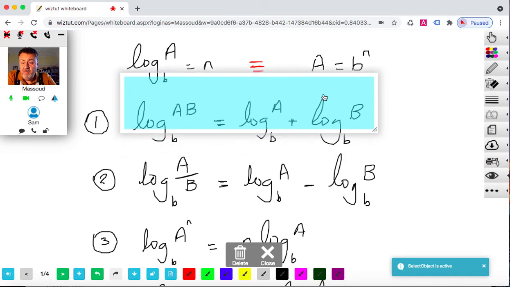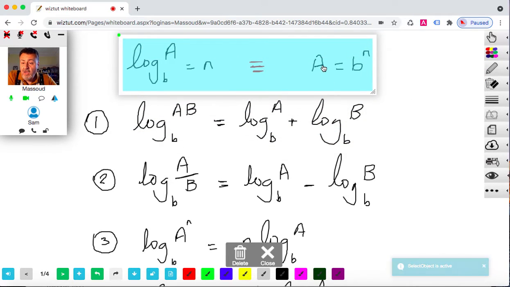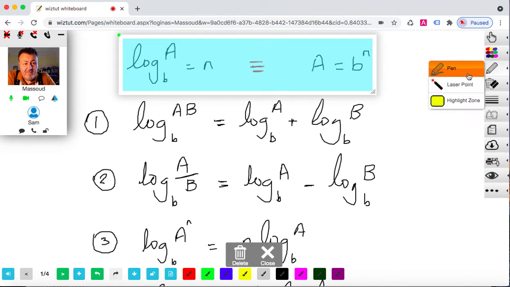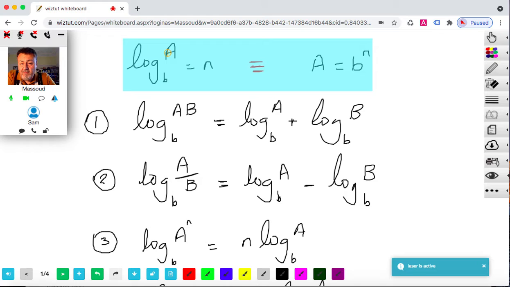So let's begin from the very core rule, the main concept of logs. As you remember, I am very specific about using the log and writing it in a very specific way. So the font for the subject of log is bigger than the base that we use, and the way we read it, we would say log of a to the base b.